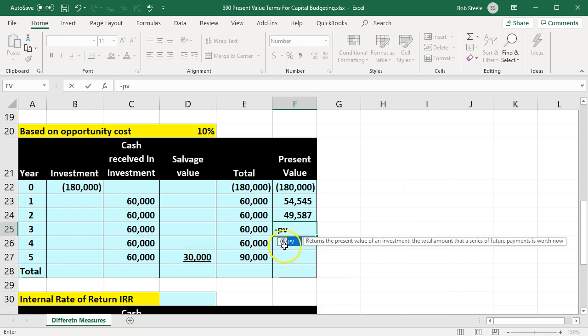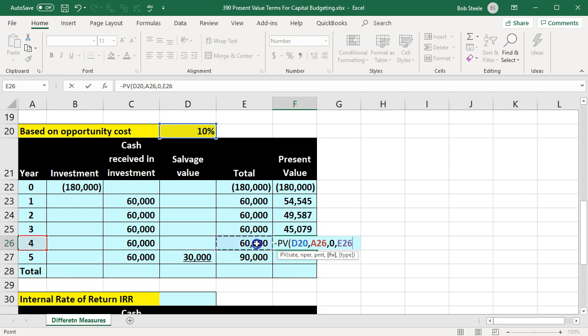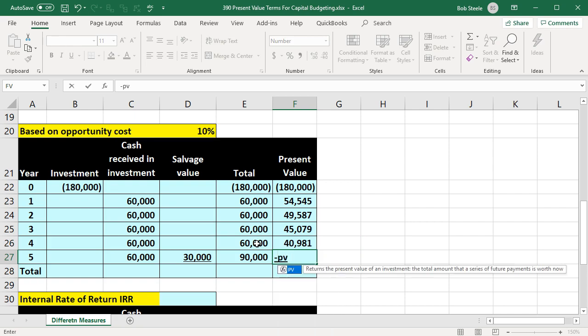Negative present value, double click, rate, comma, number of periods, 3, comma, payment, 0, comma, and future value, 60. Negative present value, double click, rate, comma, number of periods, 4, comma, payment, 0, comma, future value, 60. And one more time, present value, double click, rate, comma, number of periods, 5, comma, payment, 0, comma, future value, 90.